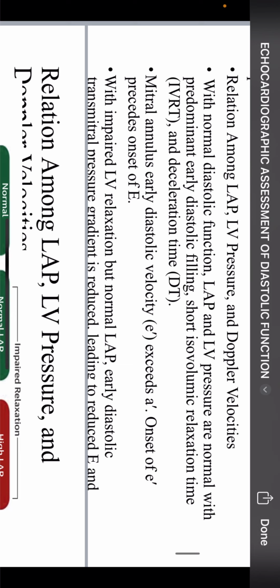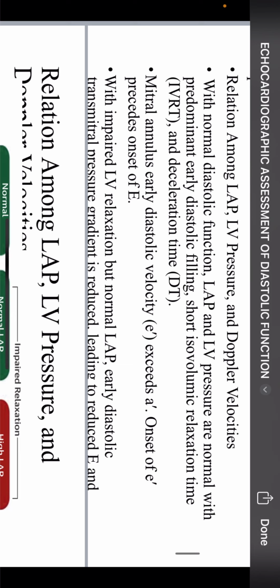So one is showing LA pressures and then LV diastolic pressures, and then LA pressures. That one in green. But so far what I've said is about E and A wave. And then we talked about isovolumic relaxation time, and a little about deceleration time. Now we are going to finish deceleration time from here.